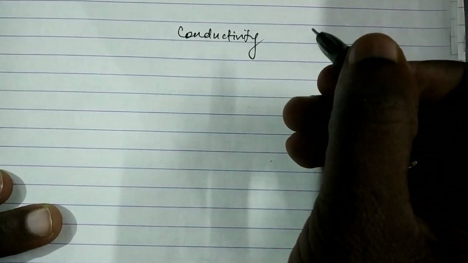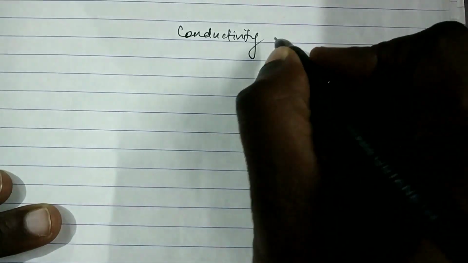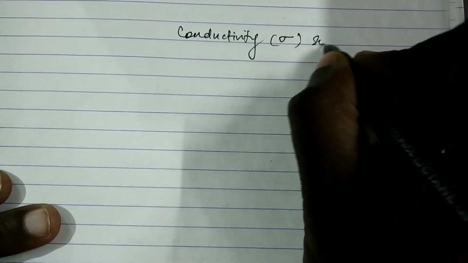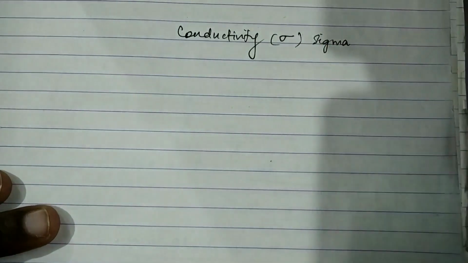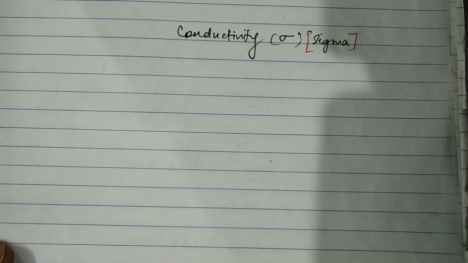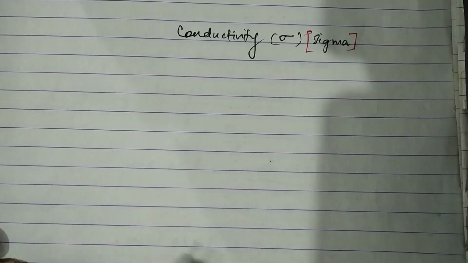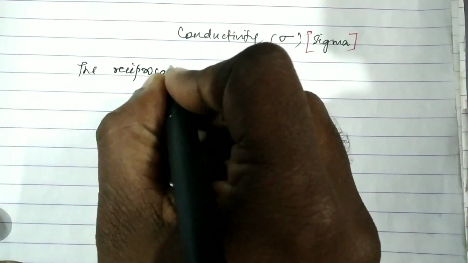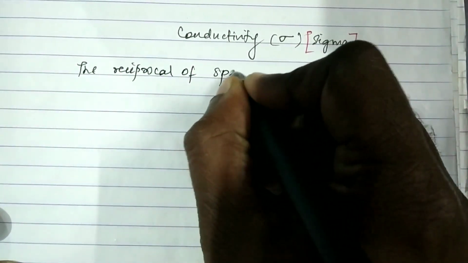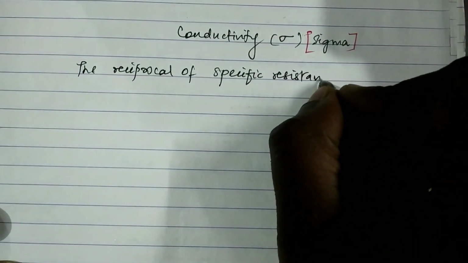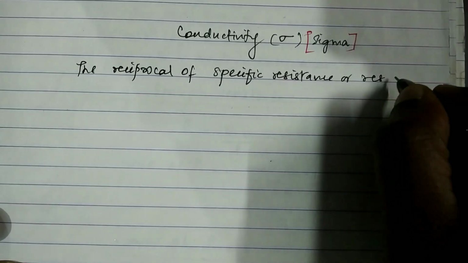What is conductivity? It is represented by the symbol sigma. Conductivity is the reciprocal of specific resistance or resistivity.